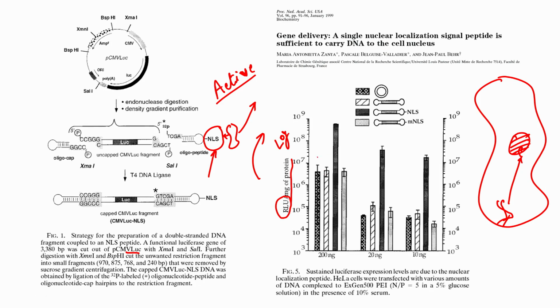You can change the type of plasmid you are using, the conformation of the plasmid, you do not really get quite a lot of enhancement, but the moment you put an NLS you actually see quite a big jump in the localization or essentially production. So, this is more a functional assay, in the production of the protein.